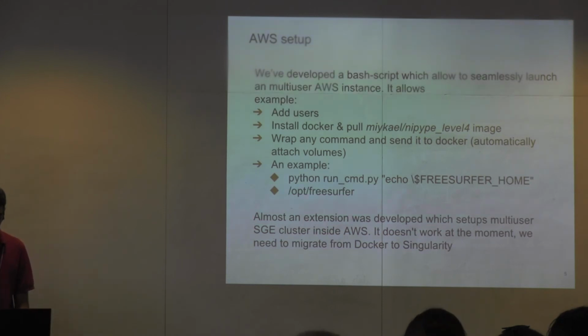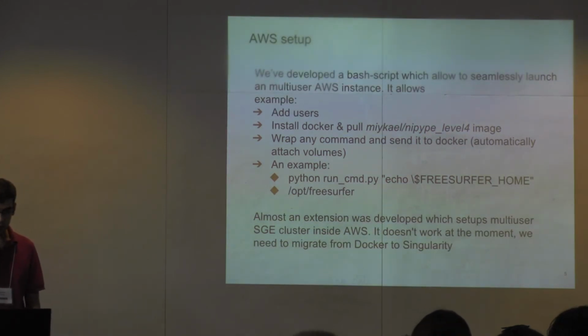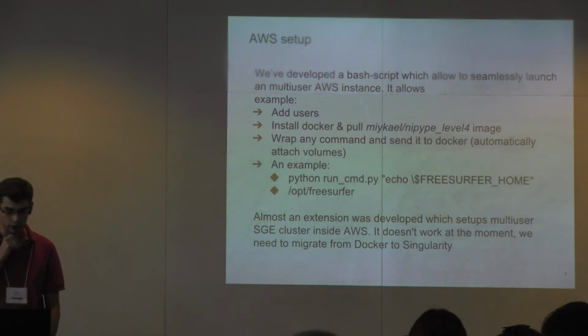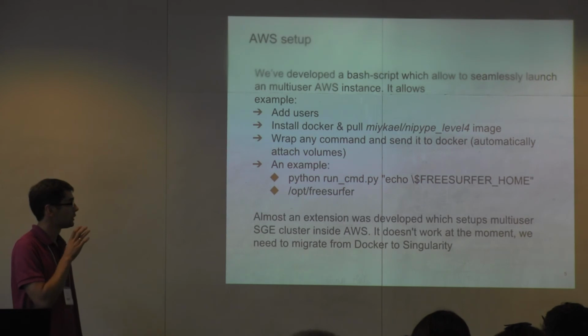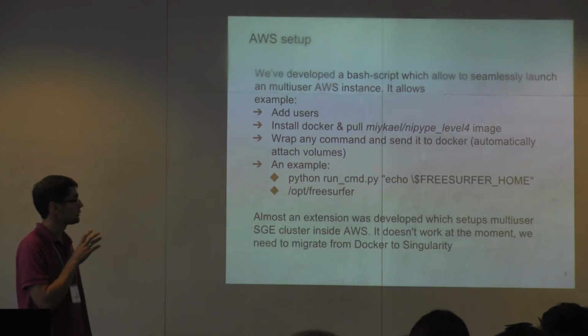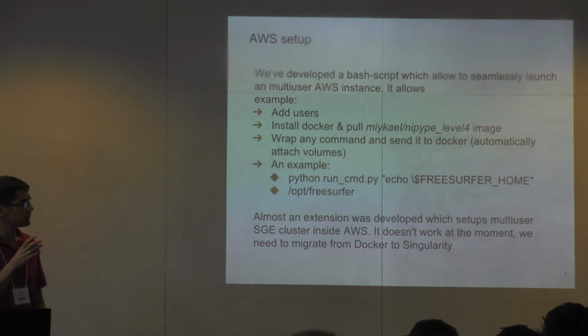About the AWS setup, probably it can be useful for you. We have a small script which allows you to set up your AWS instance for neuroimaging processing. It installs all necessary software: Python, Docker, some basic Python libraries.